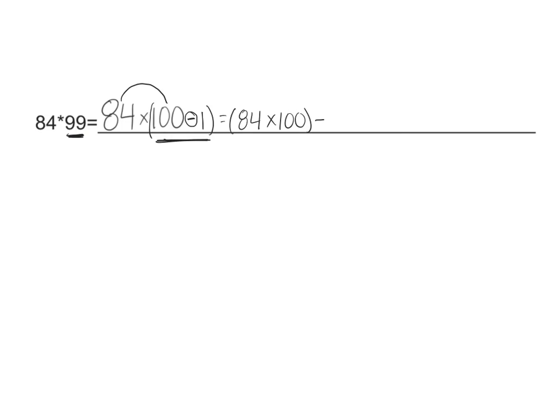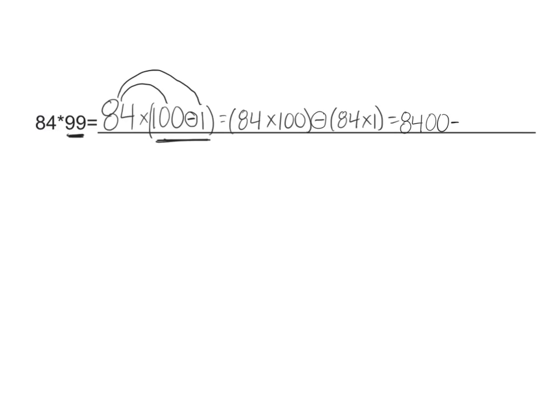Next I do again outside times inside. So 84 times 1. Now I do multiplication like I know how to do. So 84 times 100 equals, I do 84, then add my 2 zeros, 8,400. Then I have subtraction, so I will keep my subtraction.